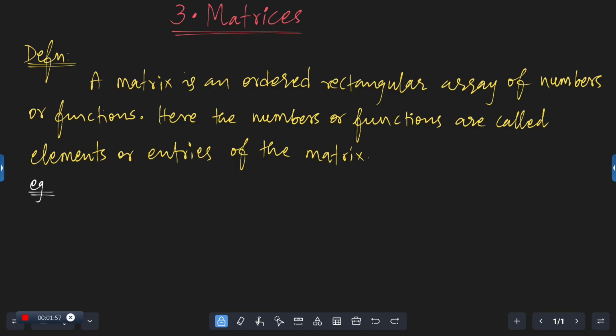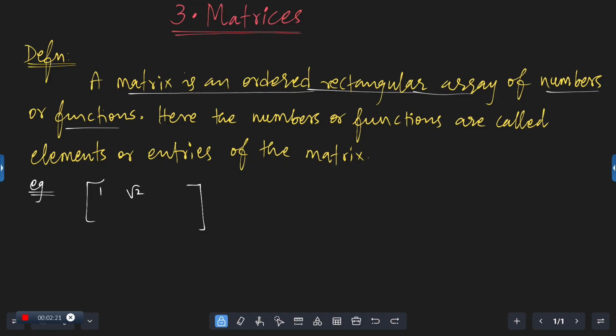Listen. A matrix is an ordered rectangular array. Suppose I'm giving a rectangular array. This is a rectangular bracket. Inside the rectangular array, we can use either numbers or functions. Suppose a number means 1, I'm writing this is a number.